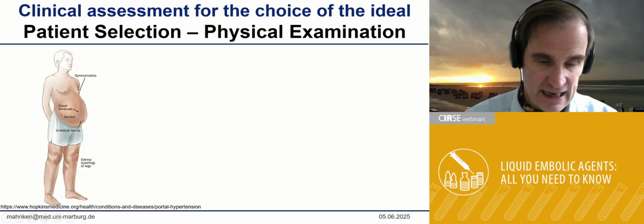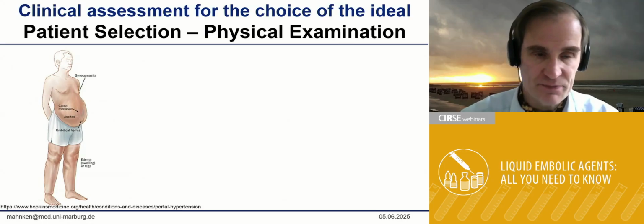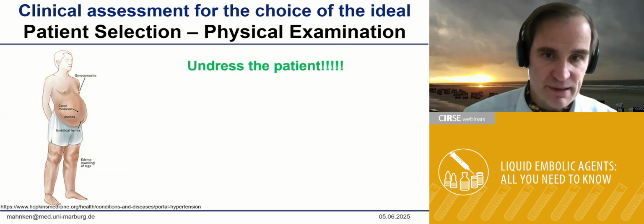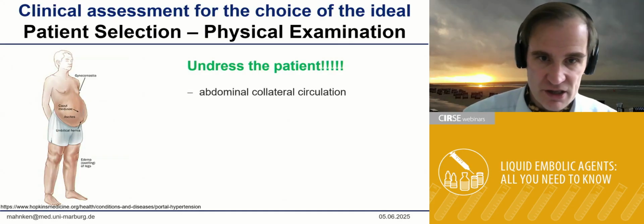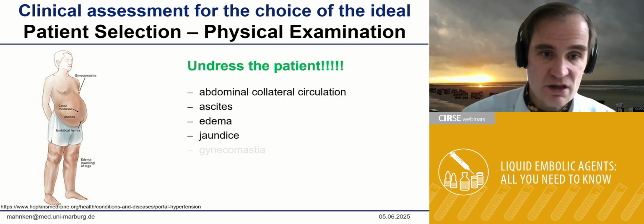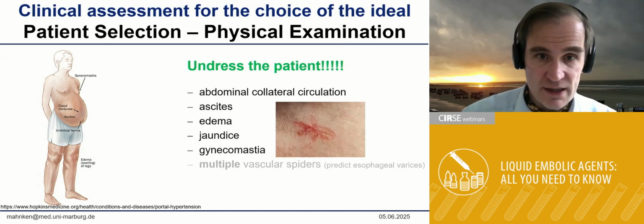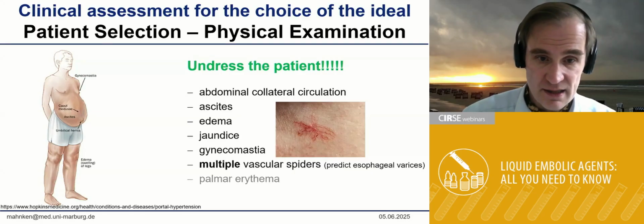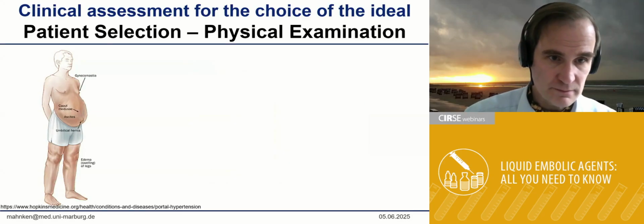I just chose this case to illustrate and highlight how important it is to really see the patient. You need to undress the patient to know what's going on. You need to know about the abdominal collateration, ascites, edema, and so on. Even if it has been treated by a TIPS, you need to know if it's efficient or not. So really undress the patient, see what's going on.